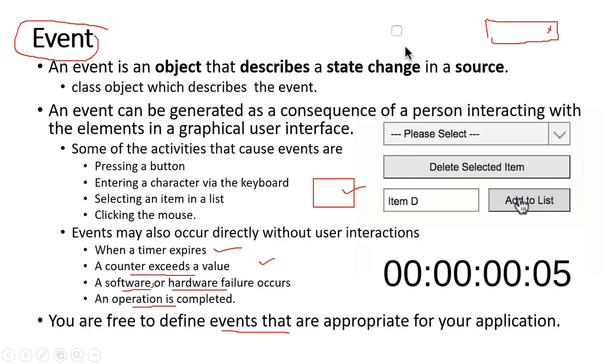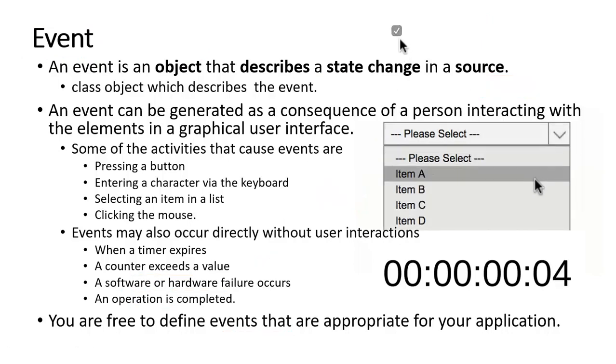So this is an event. When a student writes an examination, that is also an event. So you can think of an event as an object that describes some change in the state of the component. Now in our case, we are only interested in the GUI component, but you can take this concept to any level.